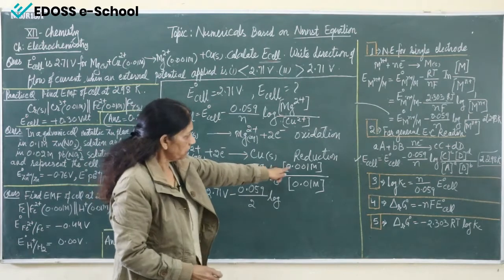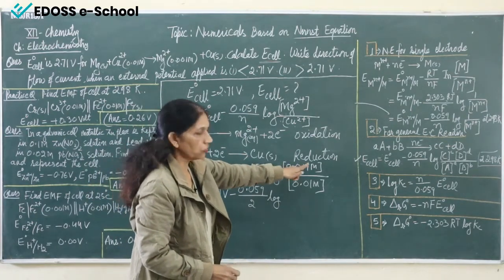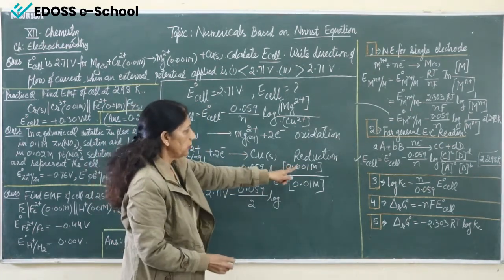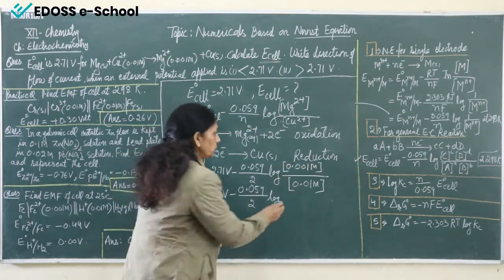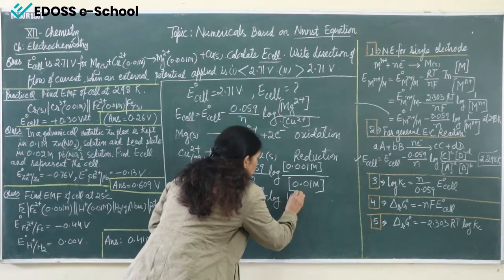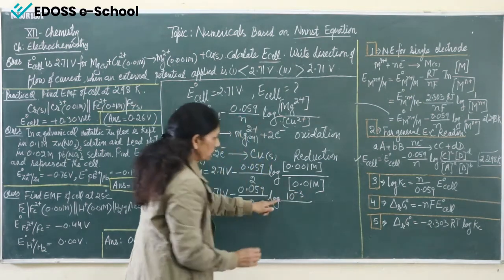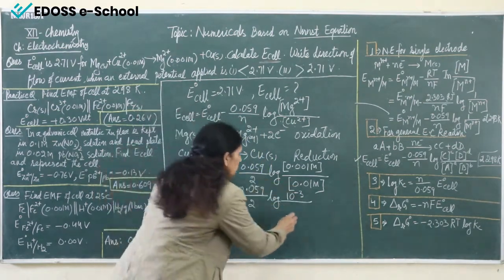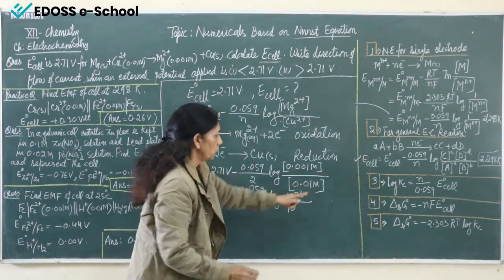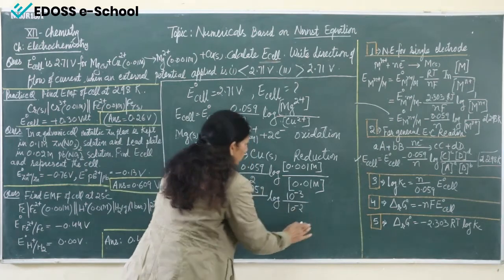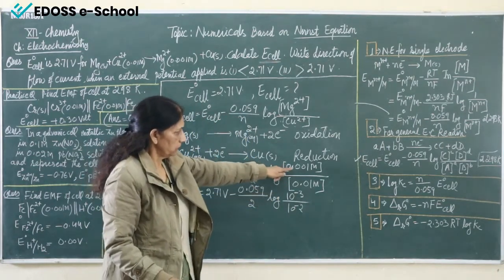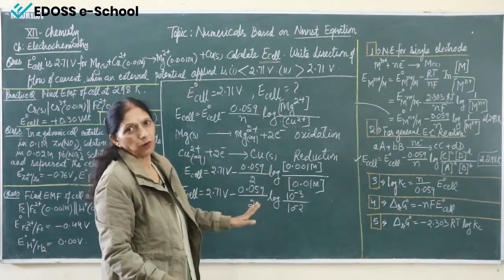Now, in place of this, 0.001 means 10 raised to power minus 3, and 0.01 is 10 raised to power minus 2. So this decimal we have converted into power.